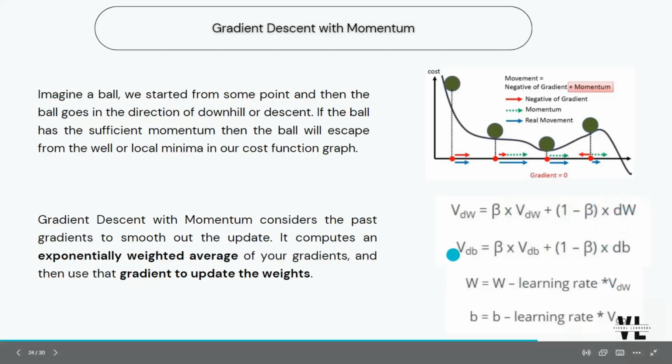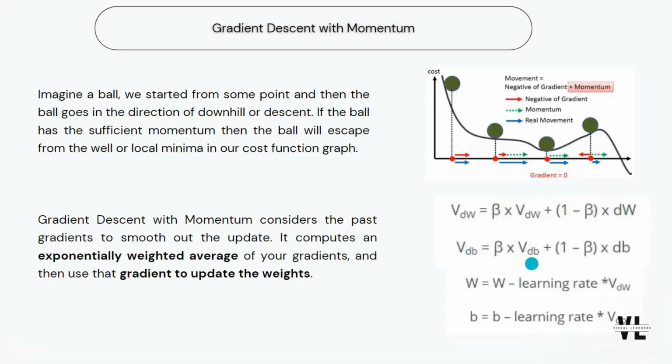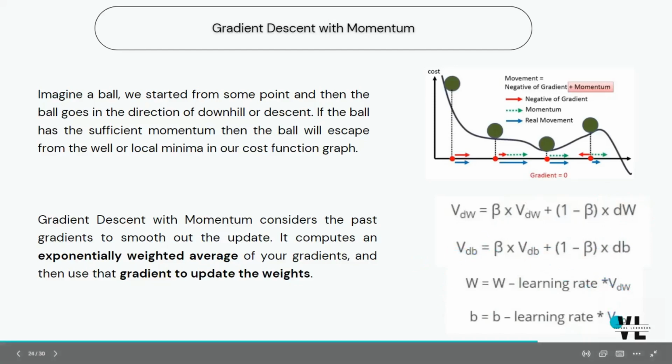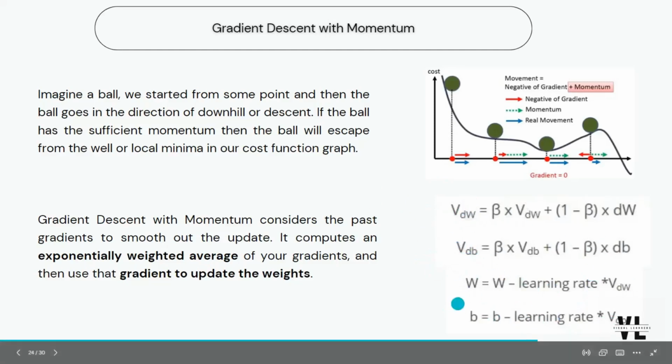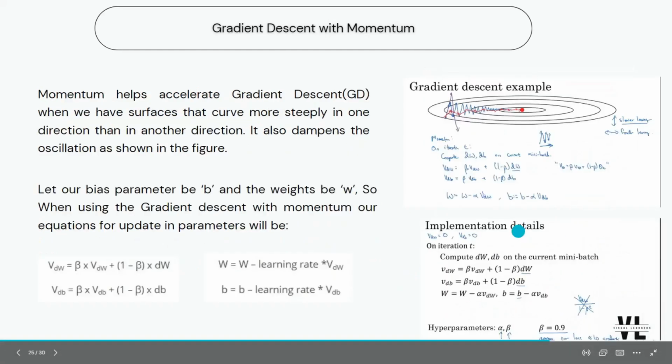And we basically do the same thing for the bias, that's why we have dB. And finally, instead of using dW and dB to adjust the parameters, now we're using the newly computed VdW and VdB for adjusting the parameters.